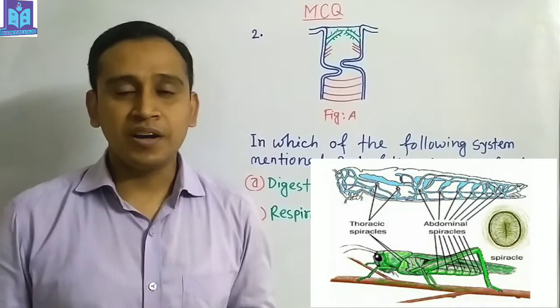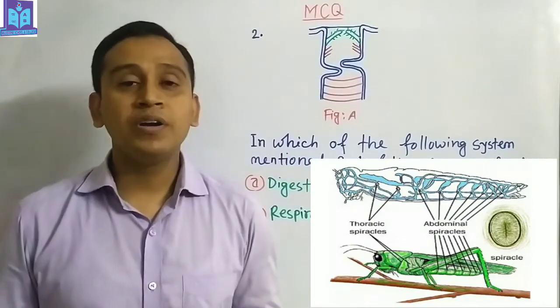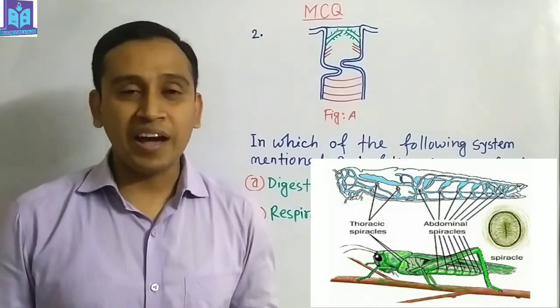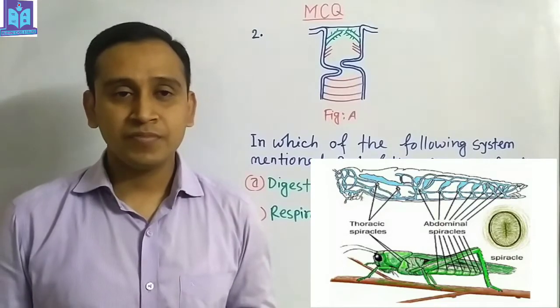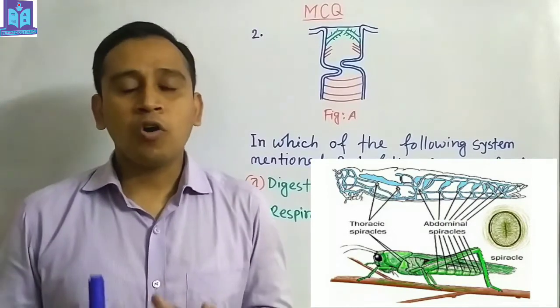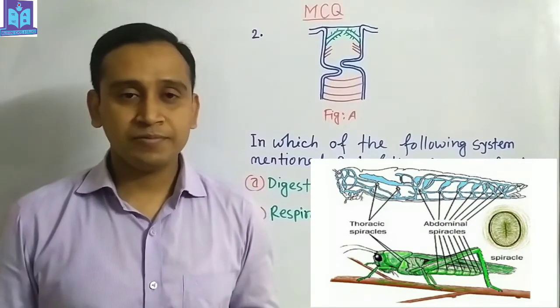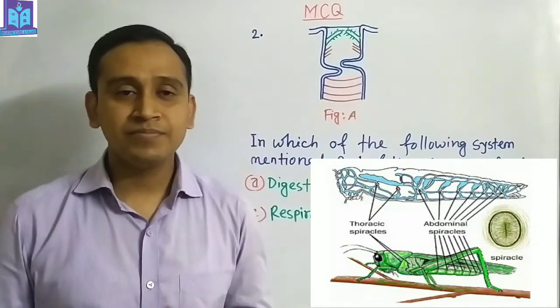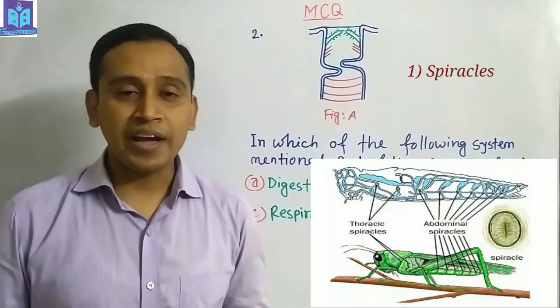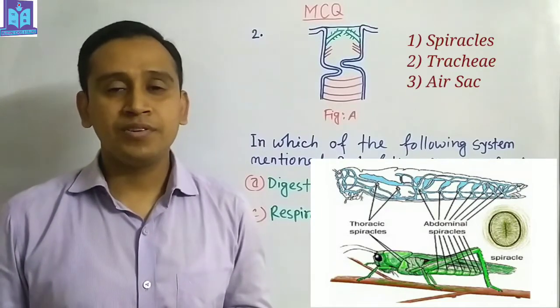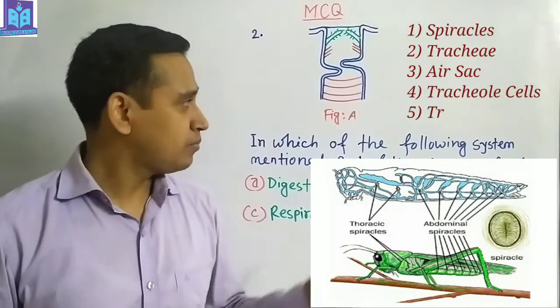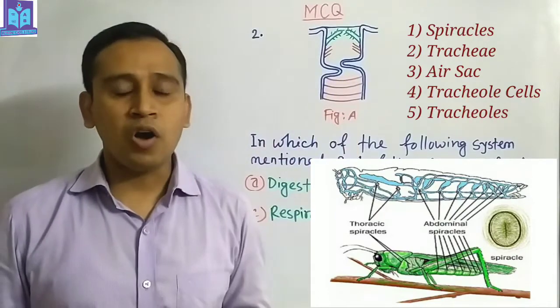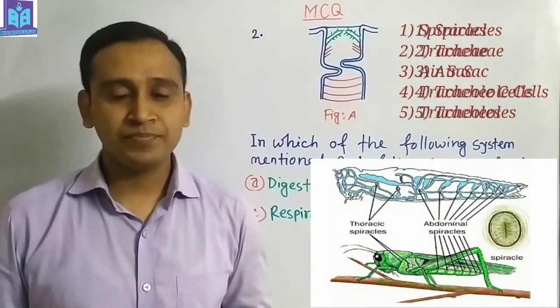That's why the respiratory system of grasshopper is called the tracheal system. And the tracheal system consists of 5 parts: spiracles, trachea, air sac, tracheal cells and tracheole. Among them, spiracle is one of the important parts.